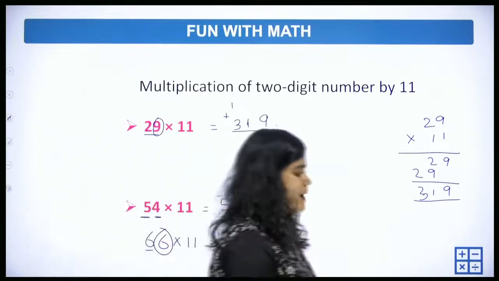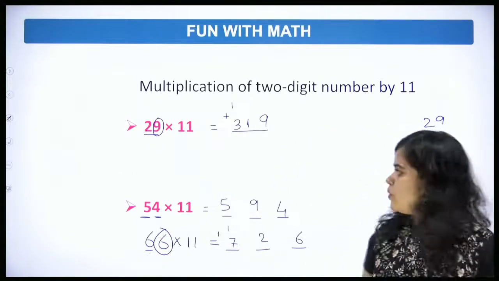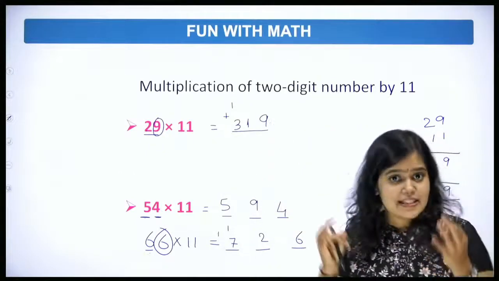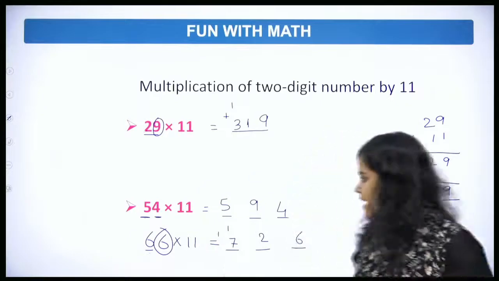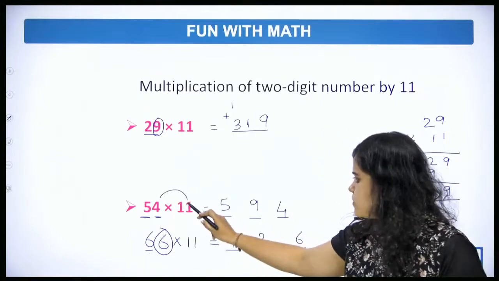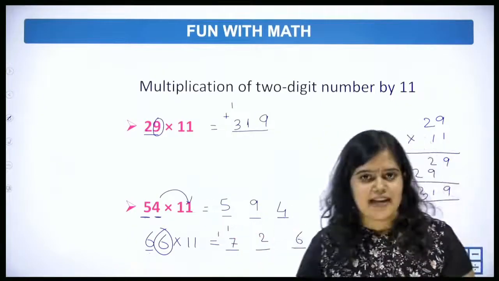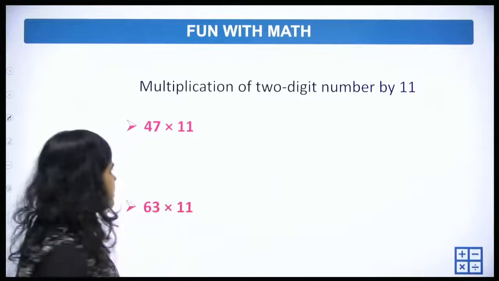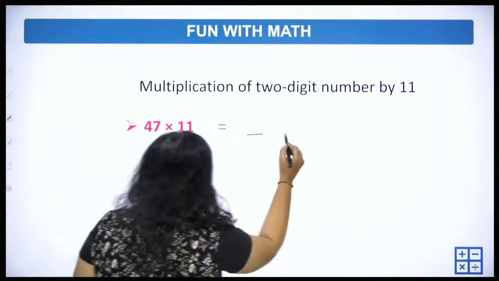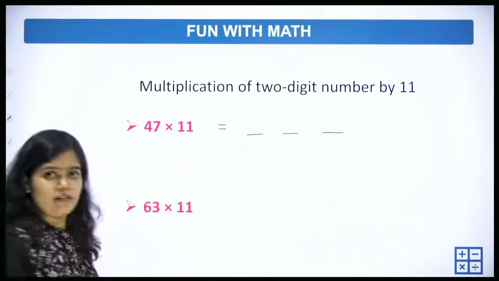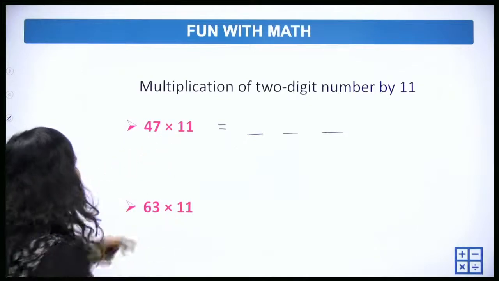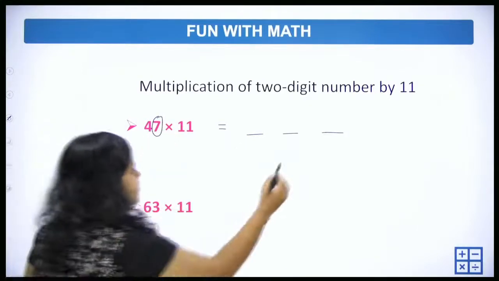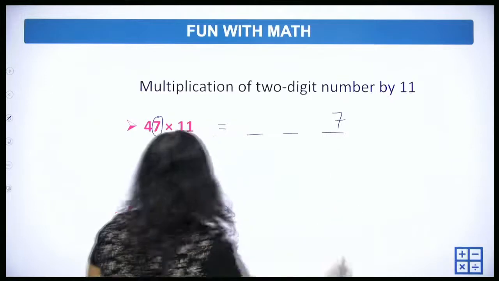Clear? So multiplication by 11 for 2-digit numbers gives a 3-digit solution, and the ones place is the ones place as it is. Right? Let's solve a few more questions. 47 into 11 is again a 3-digit number. The ones place is fixed as 7.